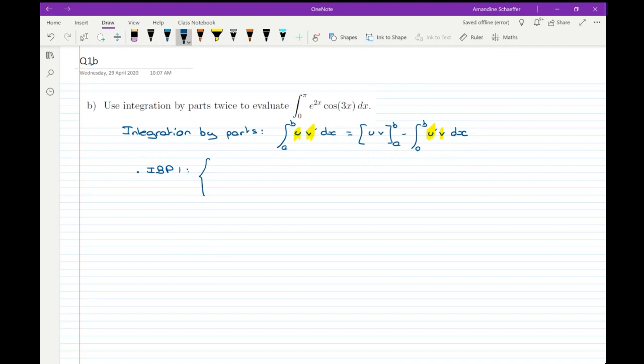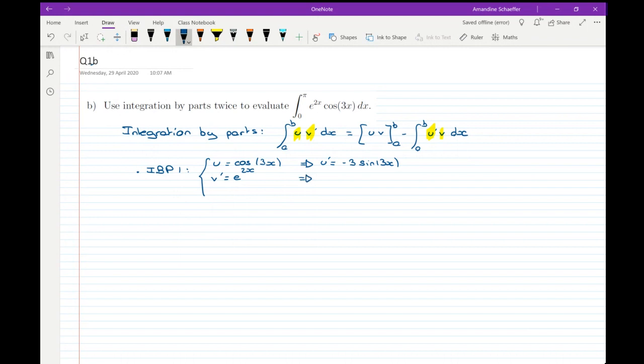How do you know when to use u and v dash? You try, you think about it. So in this case, we can use whichever because both of them end up with something similar when you integrate or differentiate. So let's make this one. So u is exponential, no, sorry, I say that u is cosine 3x, which means u dash is negative 3 sine of 3x.